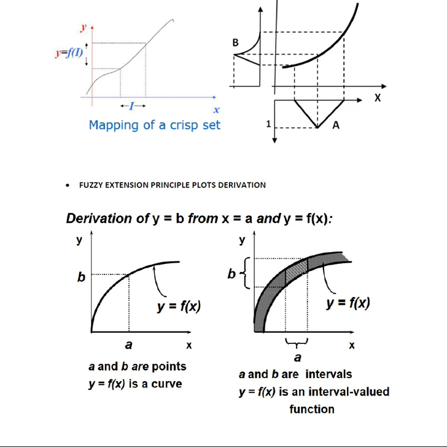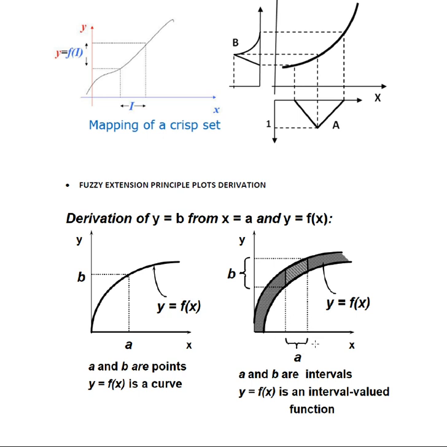Now here at this particular point it intersects here, and at this particular point it intersects here. So among these two points you take the minimum, and among these two the maximum, then you will find these 2 points, and here the similar A and B is coming.